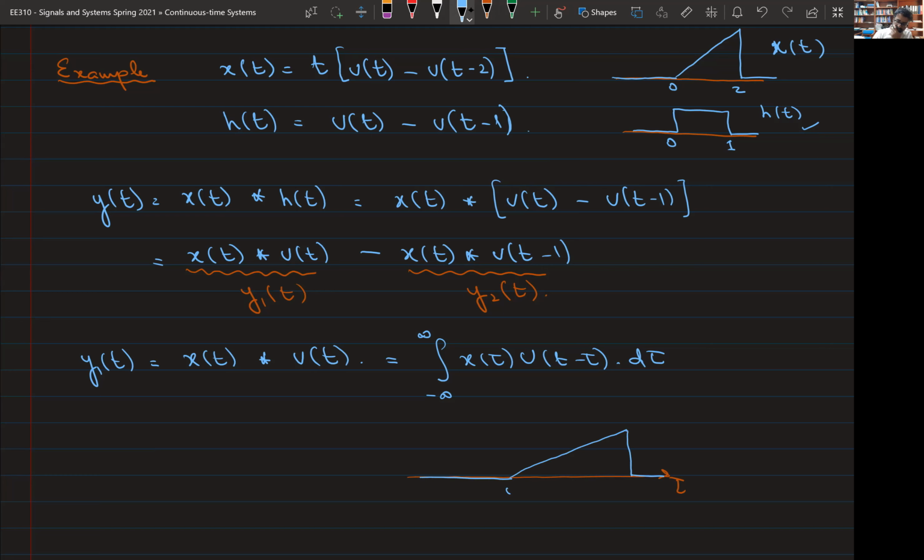Right. So this would be x of tau, right? And this would be u of t minus tau? Now u of t minus tau is just a flipped and shifted version of the unit step, right? So this is u of t minus tau for the case when t is less than 0.